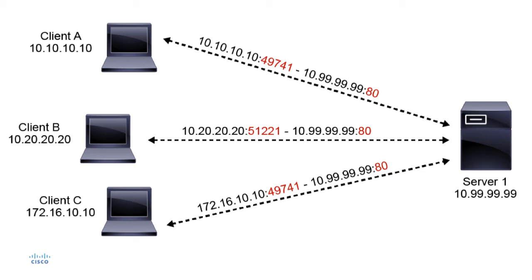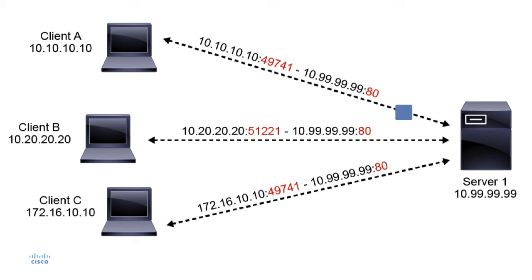So as the TCP segment travels from client A to server 1, server 1 receives that connection request and has to go through the three-way handshake. Now you remember with that three-way handshake there's a reply that comes back. We called that a SYN-ACK. The SYN-ACK is going to be directed to that ephemeral port that client A selected, port 49741 in this case.